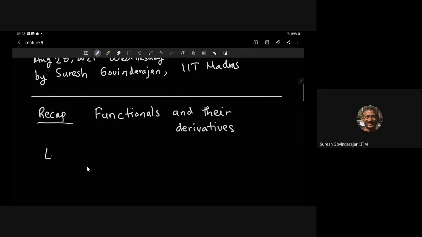Last time we were looking at functionals of one variable.